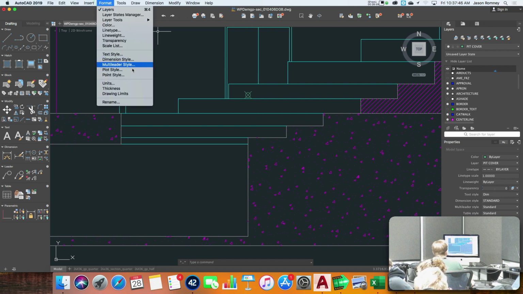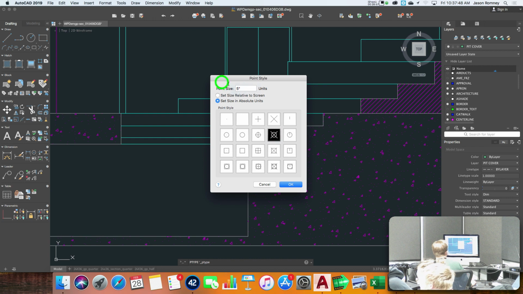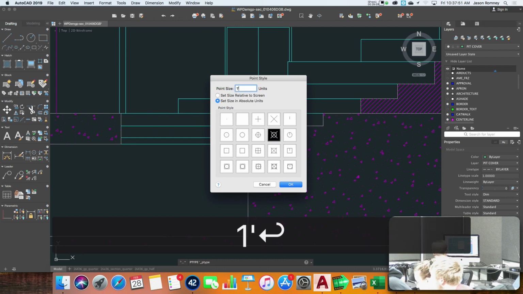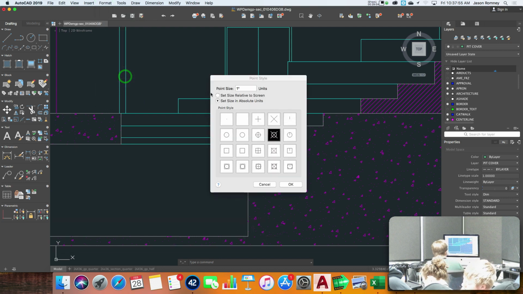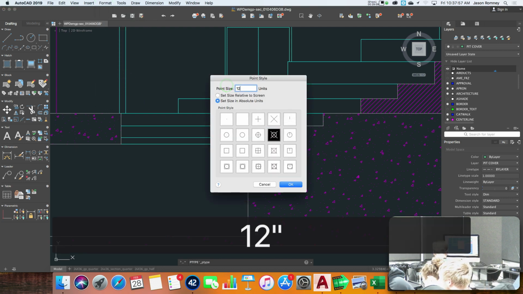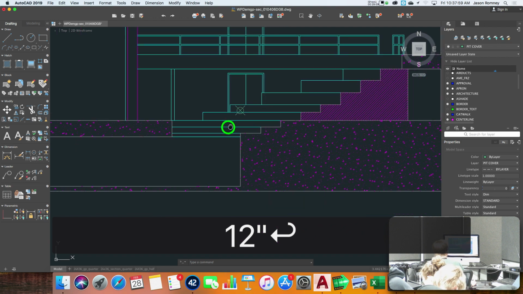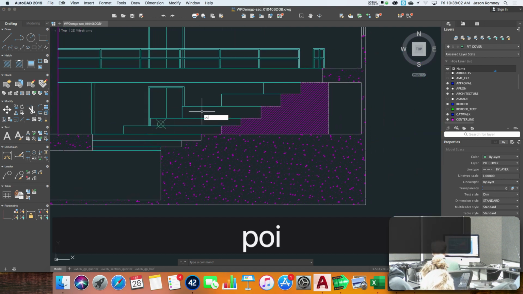There we go. Okay, so there's a point there, and I'm going to put one at the back row, which is here.